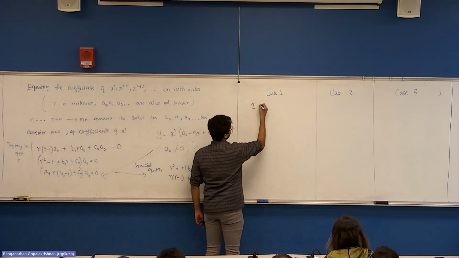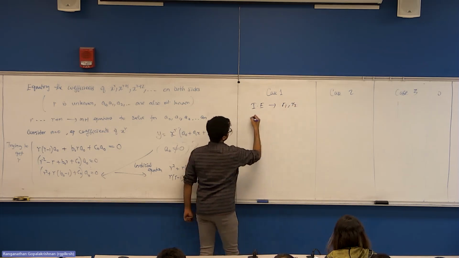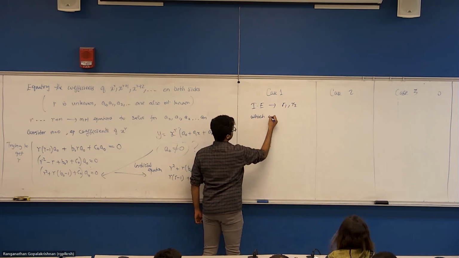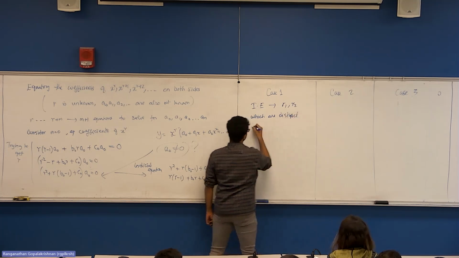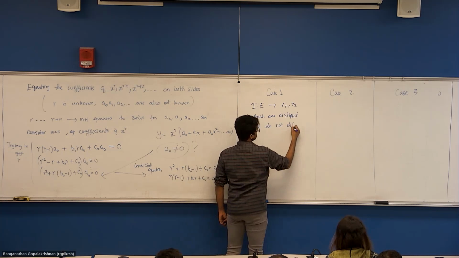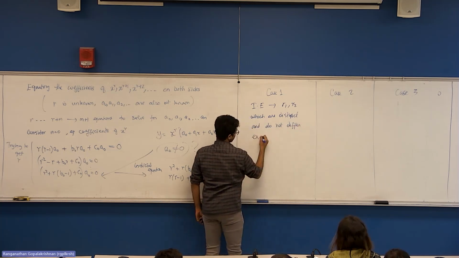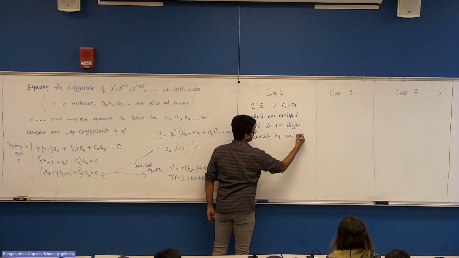Case 1: the indicial equation gives values r1 and r2, which are distinct and do not differ exactly by an integer.